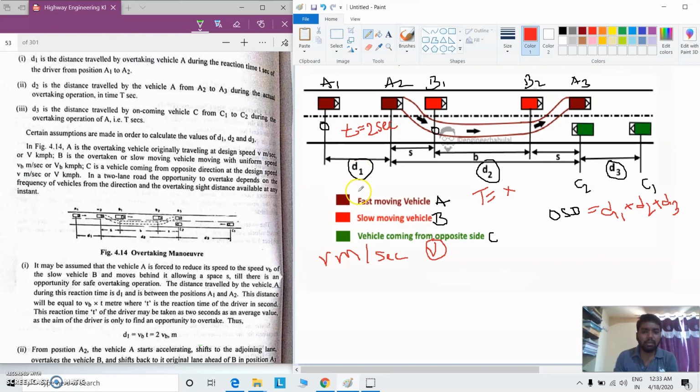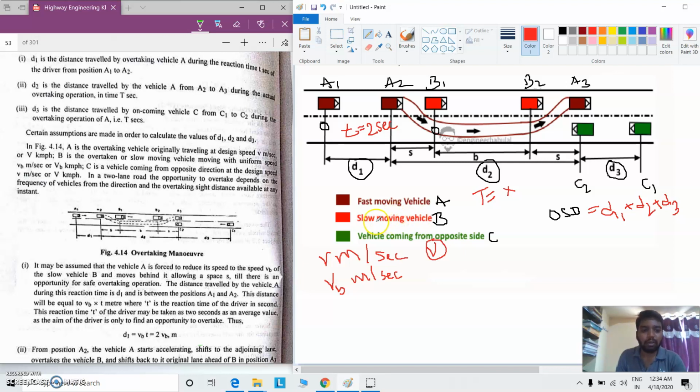The slow moving vehicle travels with a uniform speed. Vehicle A travels with speed v in meters per second, and vehicle B travels with vb in meters per second. These are the assumptions needed to calculate the distances.